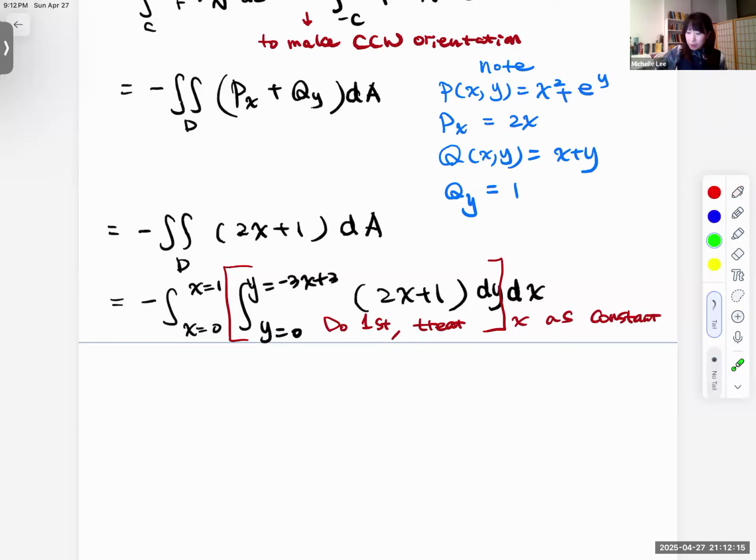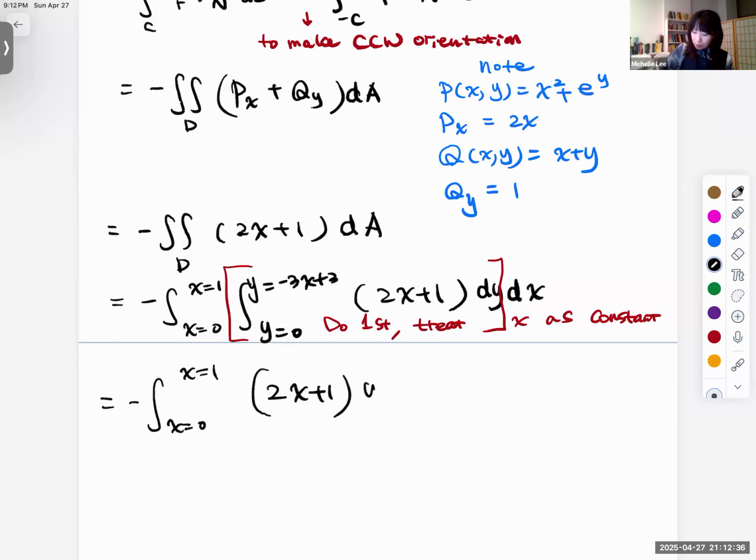So this is a constant, and we keep it. Evaluating with respect to y, we get the constant times y. So we have negative integral from 0 to 1 of (2x plus 1) times y, evaluated from 0 to negative 3x plus 3.